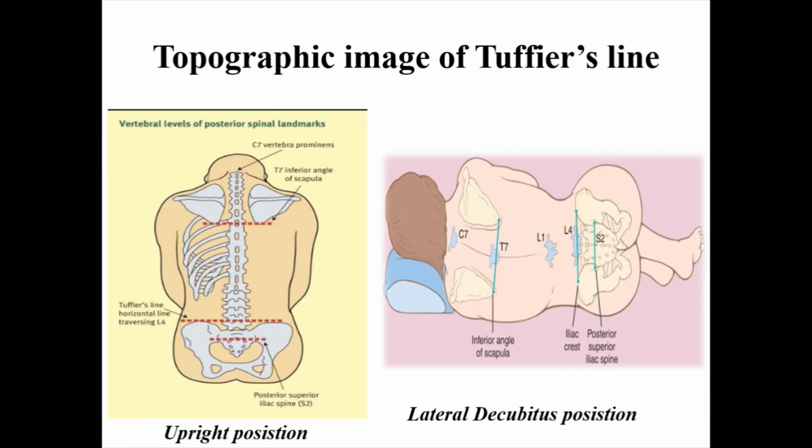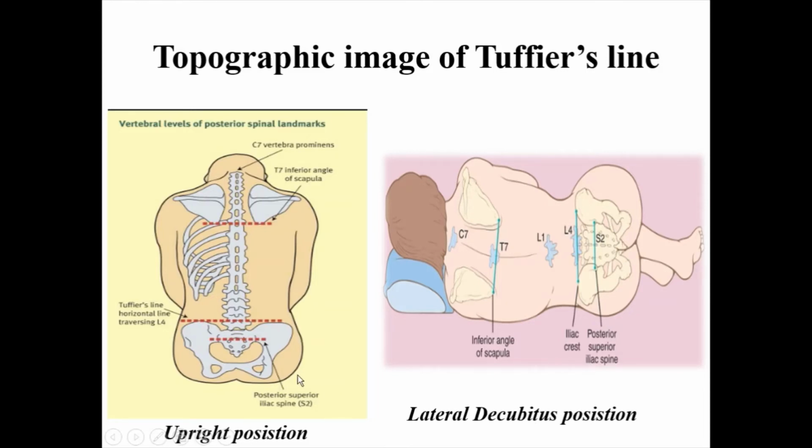It is generally known that Tuffier's line intersects here at the lumbar vertebrae spinous process, or at the L4-5 interspace.